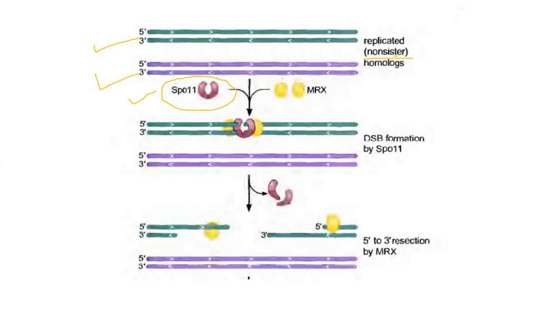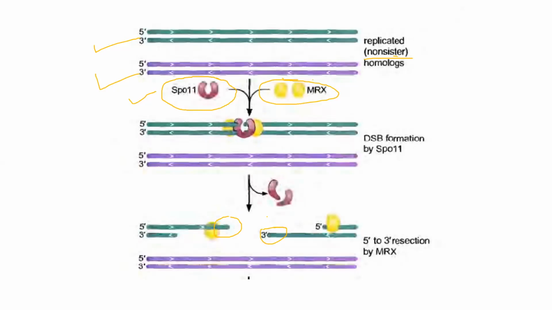Then MRX comes into the picture, and MRX, which is a nuclease, a multi-subunit combination of 3 proteins, comes and starts processing the ends. MRX has processed, you can see in the next step, to give rise to single-stranded DNA tails ending with 3' ends.